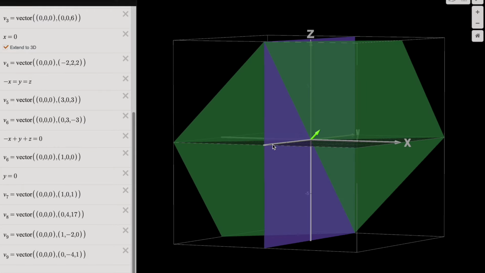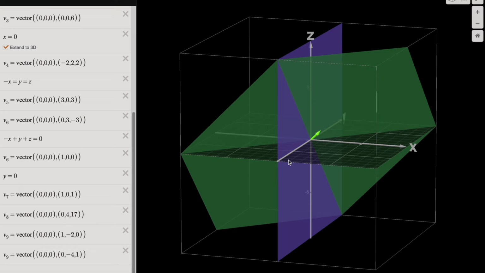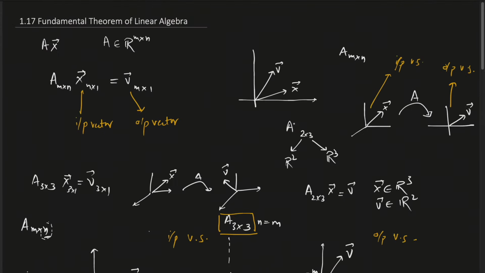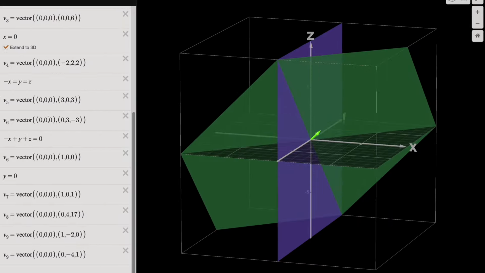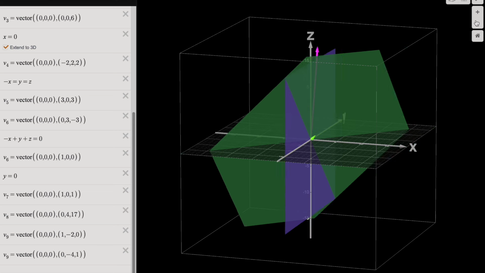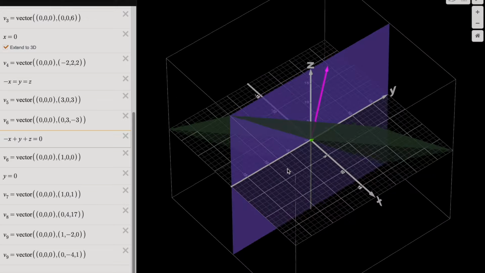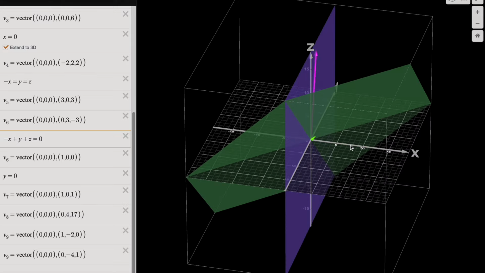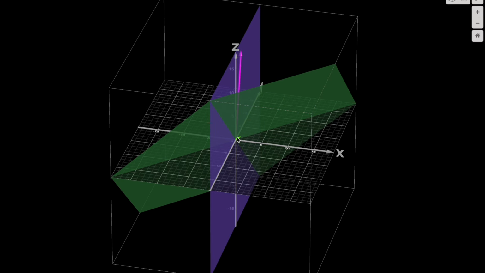I multiply it with the matrix, that is, I do A times X and I get V, the output vector, and it is lying in the column space. See, it is lying in the column space, this pink vector. So you can imagine that the matrix A is moving or mapping this green vector, or all the vectors lying on this plane.